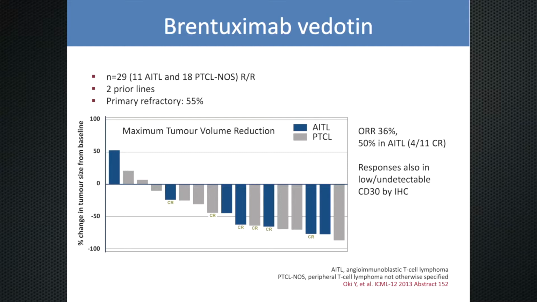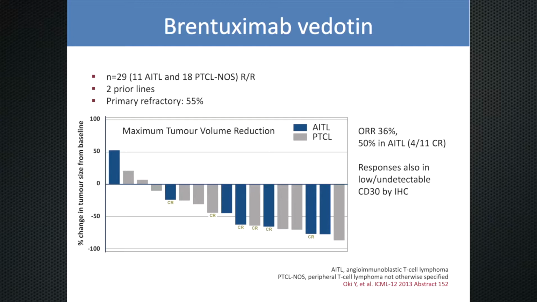The first attempts to combine Brentuximab with chemotherapy in the first-line treatment have produced a lot of toxicity, so we are still awaiting the optimal possibility of integrating this conjugated antibody in the first-line treatment. But it has been active.